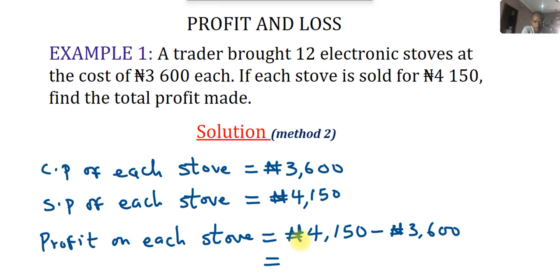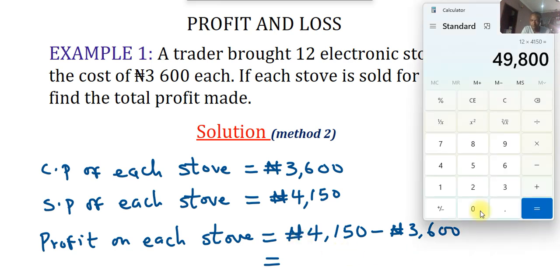Let's check that with our calculator: 4,150 naira minus 3,600 naira. We have our outcome as 550 naira.